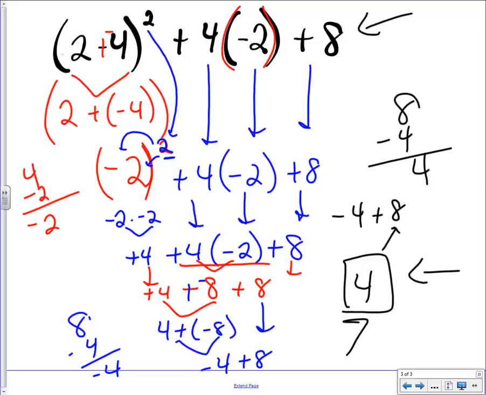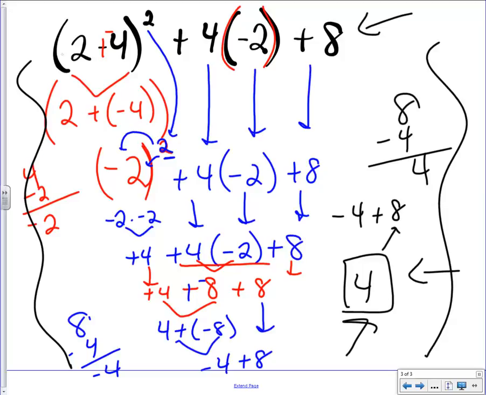This could be an answer that you got from somebody else. This could be a guess even. I'm not grading you upon that 4. I'm grading you upon this process of knowing how to work through it. So don't think that your goal is 4. Your goal is to show me how you got to 4 to get the right answer, okay?